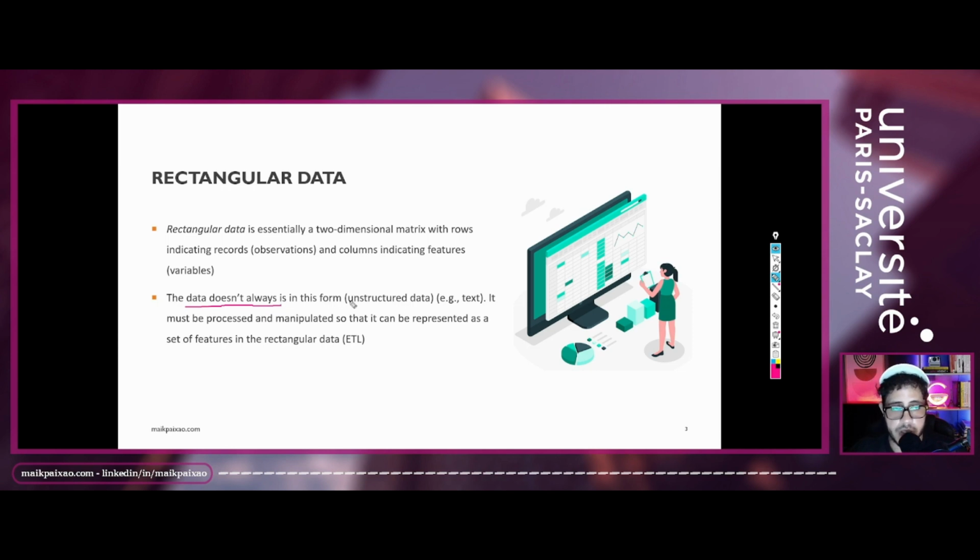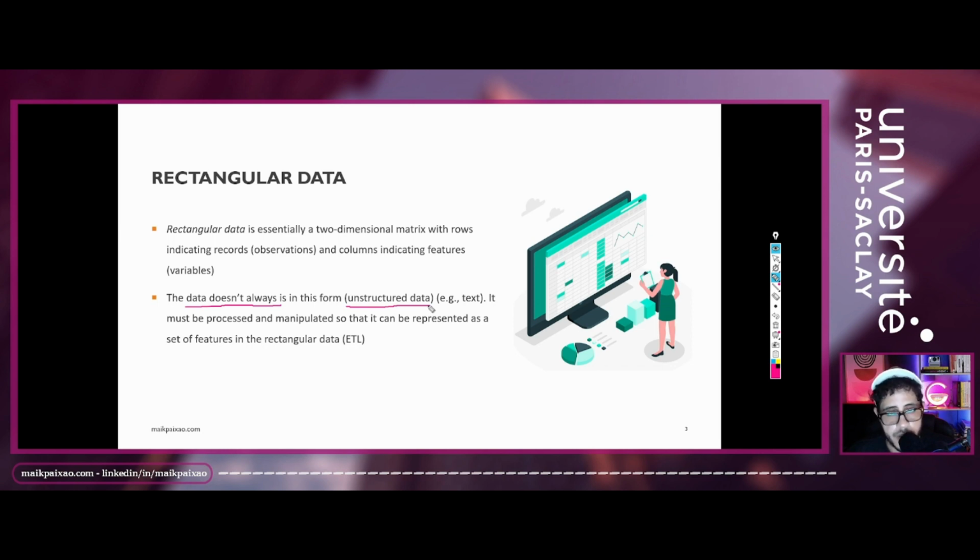What I'm saying is that most of the data that we're going to be working with is unstructured data. So it does not have a predefined structure, and we are talking about, I don't know, maybe text documents, images, emails.